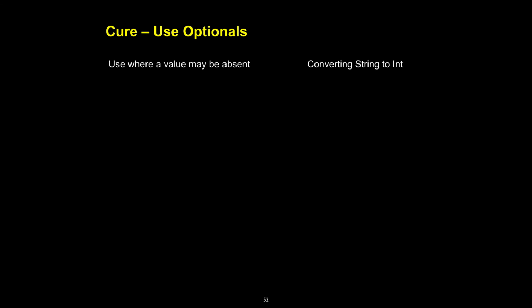But if you pass in the string cat, you can't convert that to an integer, right? And so what can that function do? Well, in the Java world, you throw an exception, but in a modern language, you'll return the non-value version of the optional.